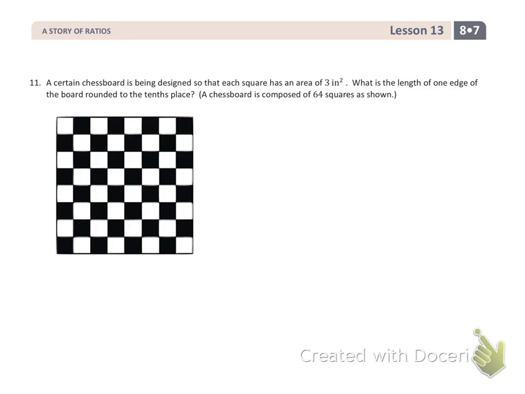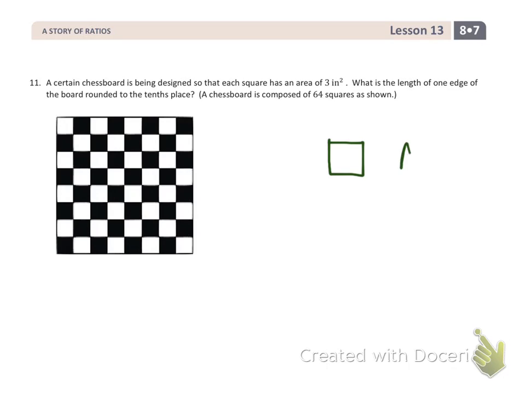Let's think of one of these little squares. If you haven't done this yet, you'll want to work on it on your own, so go ahead and pause now. Okay, well, each of these is 3 square inches.